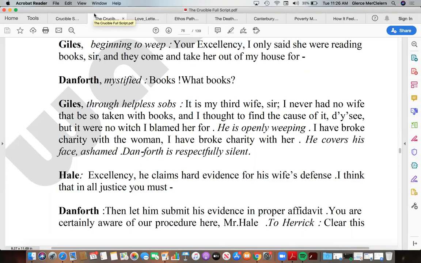When he means broke Charity, does he mean it, like adult activities, or does he mean cash? Not necessarily adult activities, but like love. He's kind of tried to distance himself from her because of the book thing.